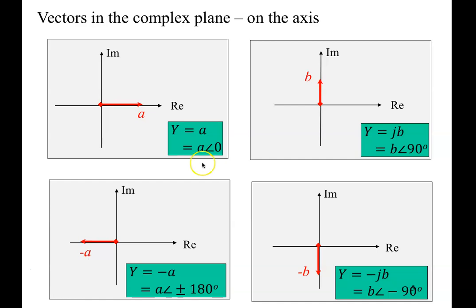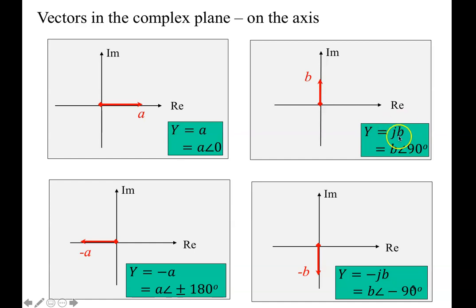So you have to be clear. The first A, y equals A, is in the rectangular form. The second is in the polar form. Polar form comes with an angle, even though the angle may be 0. This only has a real part, no imaginary part.